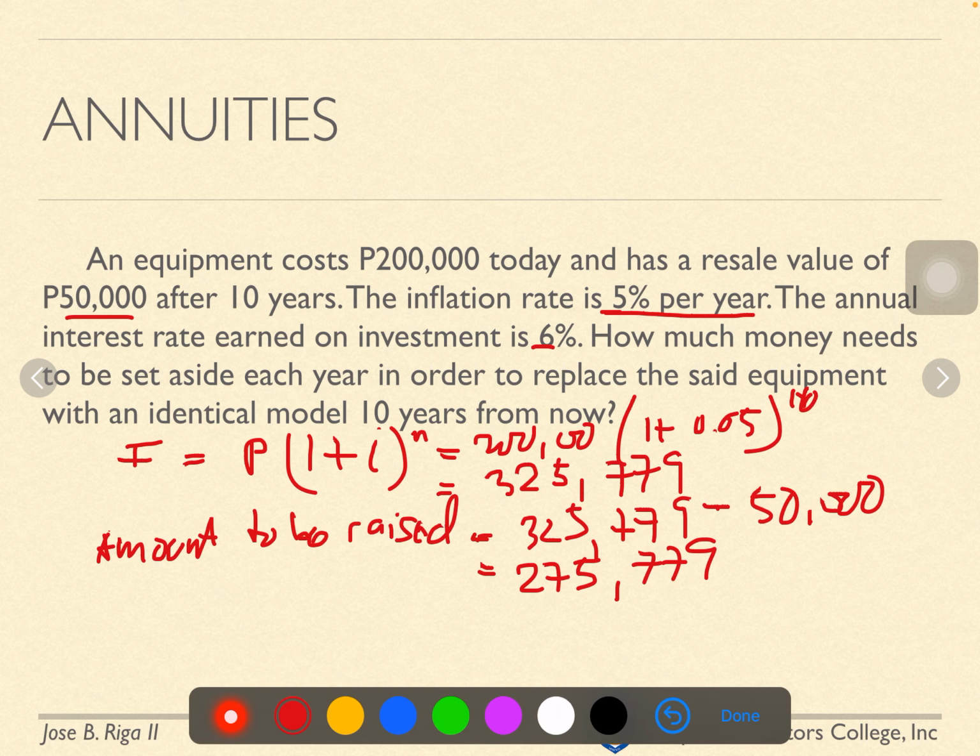Now we can solve for the annuity, same as the previous problem.